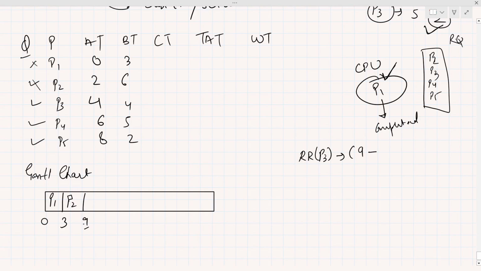So the completion time of P2, 9, minus the arrival time of P3. The arrival time of P3 is 4. So 9 minus 4 plus the burst time.